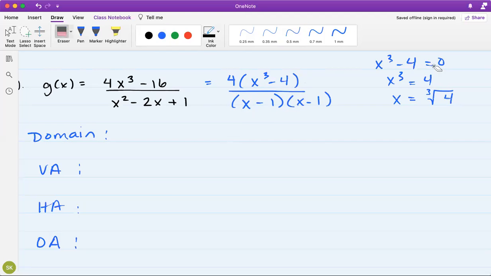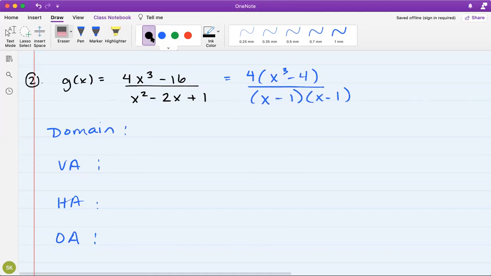And the reason I'm bringing that up is because if it did factor it, then we would be able to cross out an x minus 1 here and an x minus 1 here, and we wouldn't have x minus 1 in the bottom. If we were able to get rid of something and simplify it. But this can't be simplified any further because x minus 1 is not a factor of this.